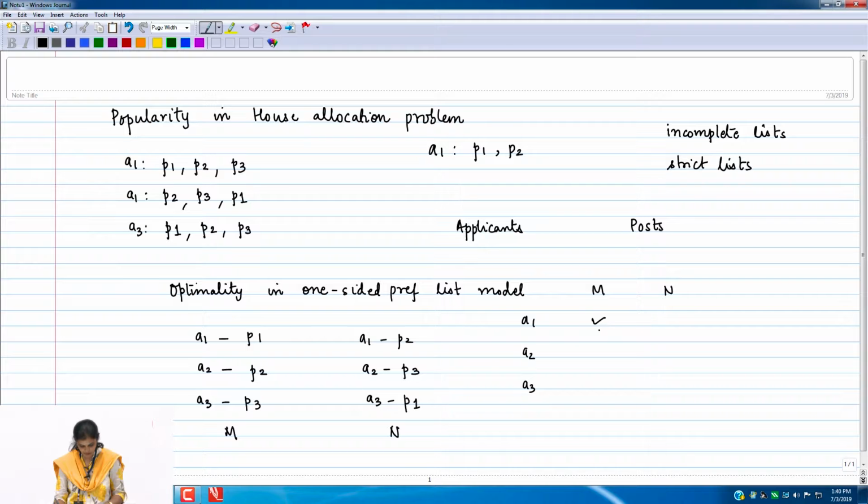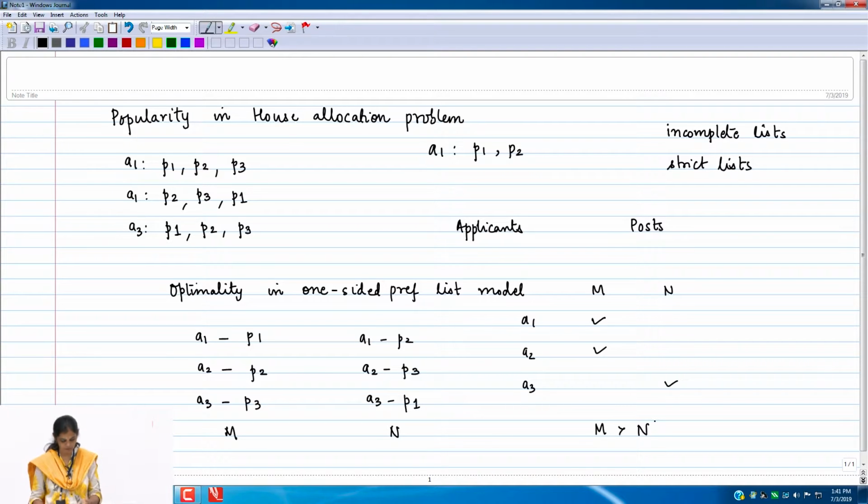A2 prefers the matching M over the matching N, and A3 is the only one which prefers the matching N over M. Because posts are indifferent, they don't really care about being matched, unmatched, or getting matched to any one of them, they do not participate in the voting. So we will say that M is more popular than N, like we did earlier.